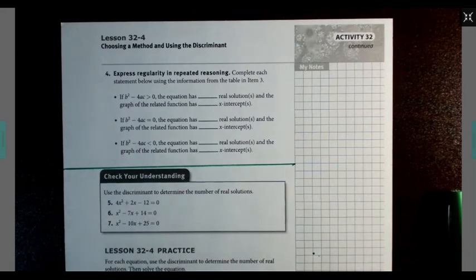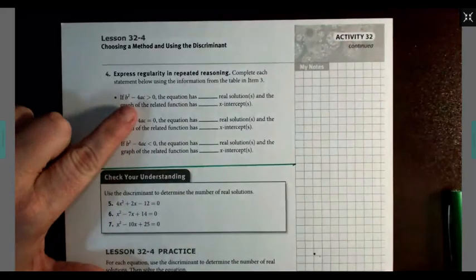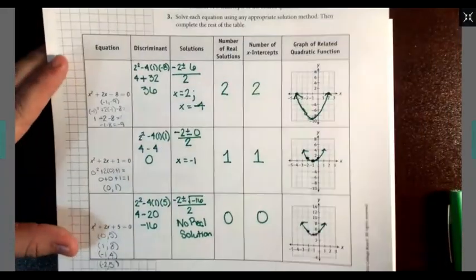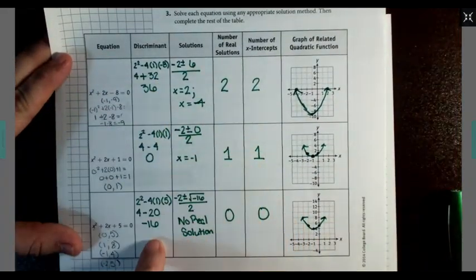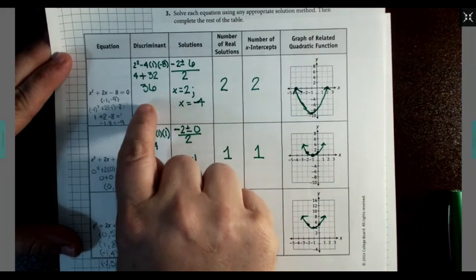Express regularity and repeated reasoning. Complete each statement below using the information from the table in item 3. If b squared minus 4ac is greater than 0, the equation has blank real solutions, and the graph of the related function has blank x-intercepts. So it says greater than 0. Well, that would have been this one, and that gave me 2 and 2.